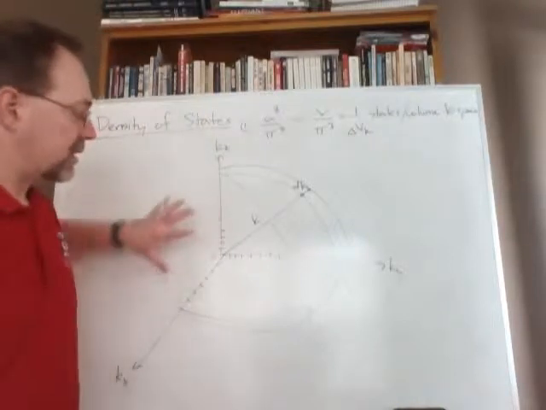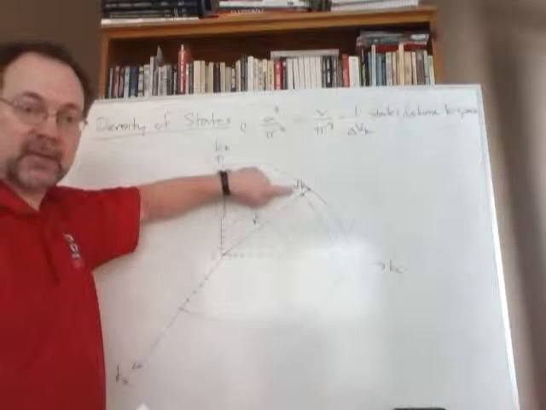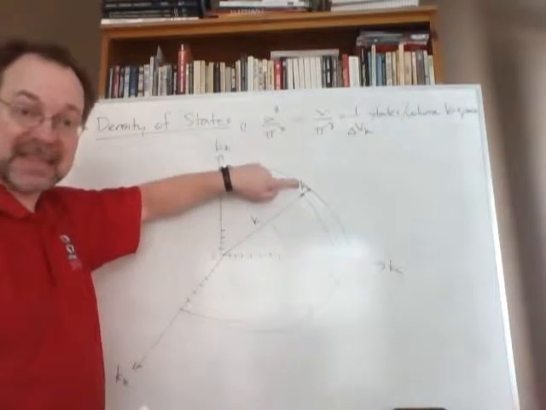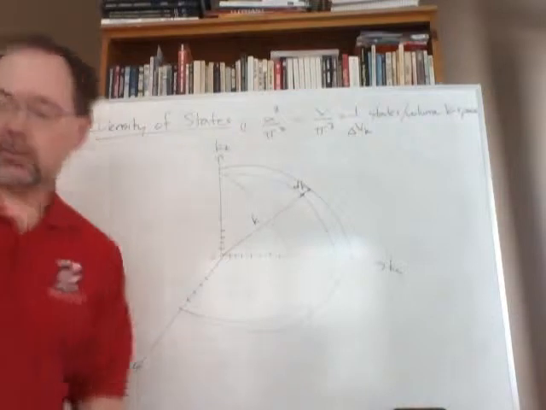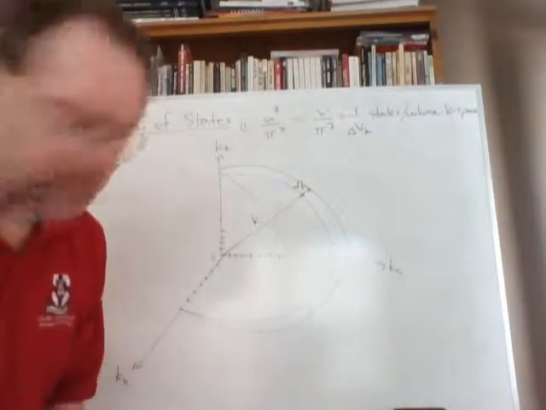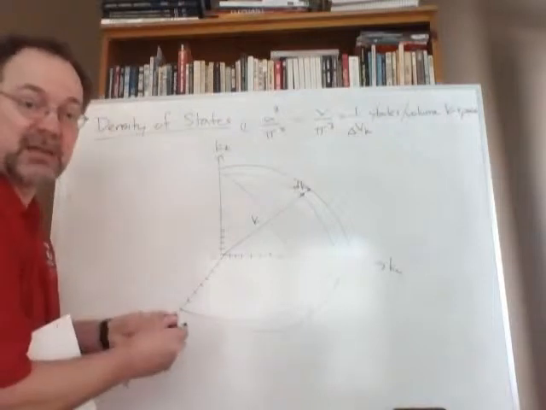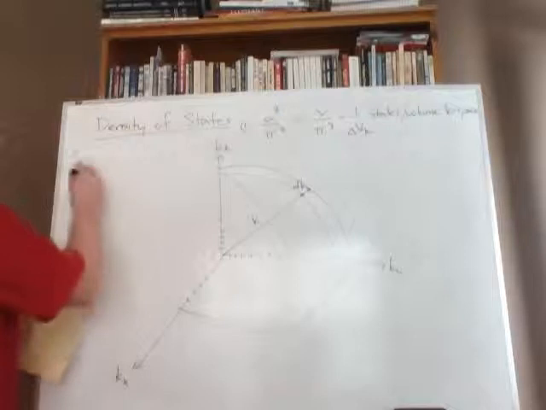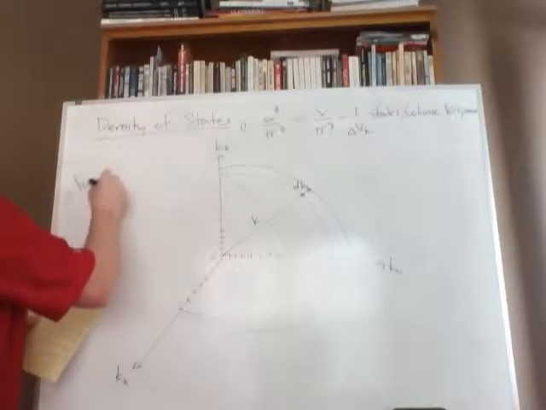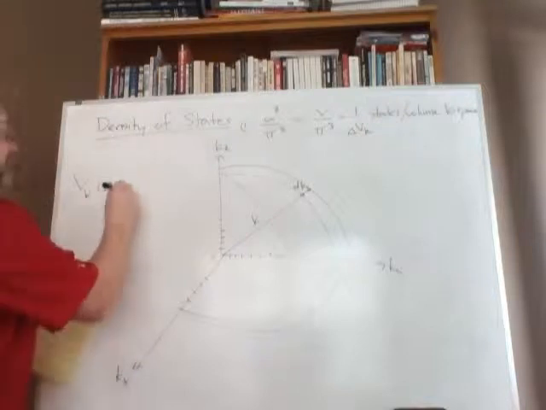We have two spheres, one of radius k, one of radius k plus dk. Only these are an eighth of a sphere. So simply the volume here in K space, I'm going to call it V sub k, to indicate that it is the volume in K space. And it's a function of K.